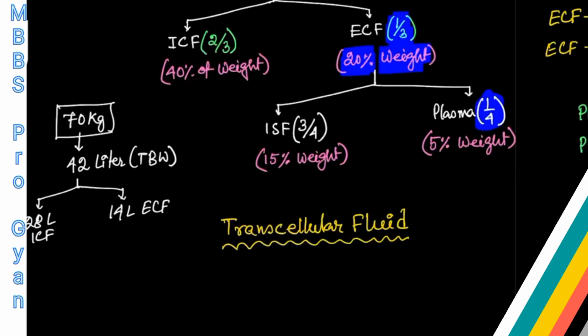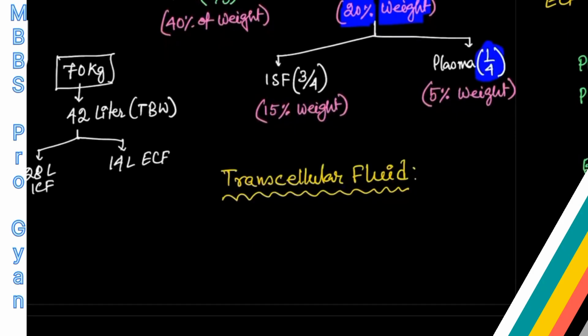You know what transcellular fluid is? It is the fluid which is present in certain body cavities. There are different body cavities inside our body, and the fluid present in these cavities is known as transcellular fluid.